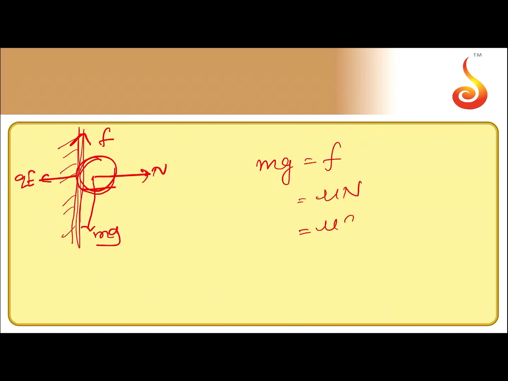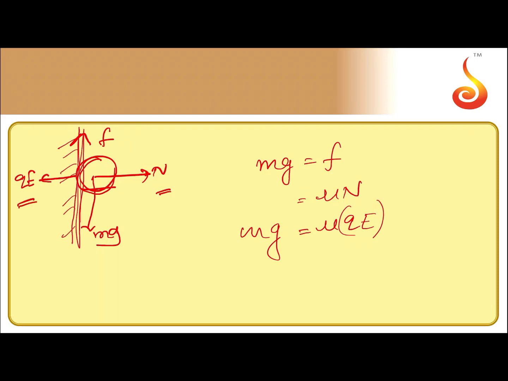What are all the forces? mg is one force, and of course N is along this direction, and I apply an electric force QE, and there is the force of friction. So, in order that the system is in equilibrium, I can write mg is equal to f. f is equal to mu N and N is equal to QE. Therefore, mg is equal to mu into QE. From the diagram you notice N and QE are equal to each other.